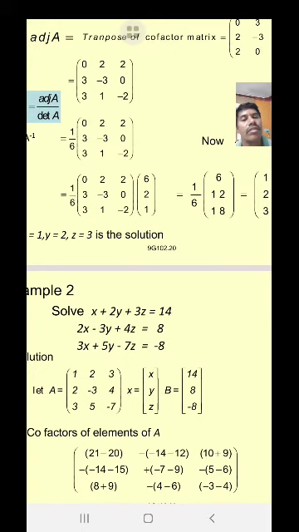Next, the third row versus first column. The product of the two matrices comes only as a column matrix, because there is no other column in the second matrix. We already know how to multiply and how the order comes, like 2 by 2, 3 by 3.